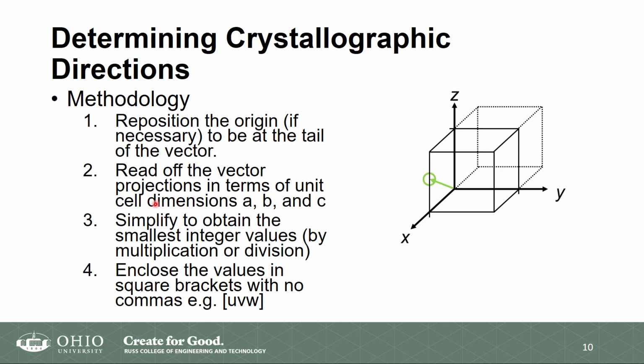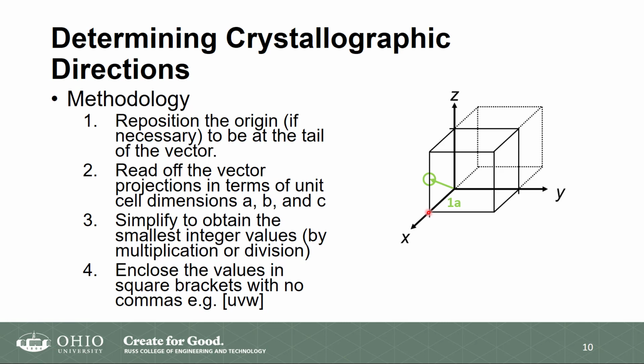Then the next thing we need to do is to read off the vector projections in terms of the unit cell dimensions a, b, and c. If we look at this, we can see that this vector right here is projected along the x-axis, and it takes the full length of this dimension. So we'll describe that as 1a.